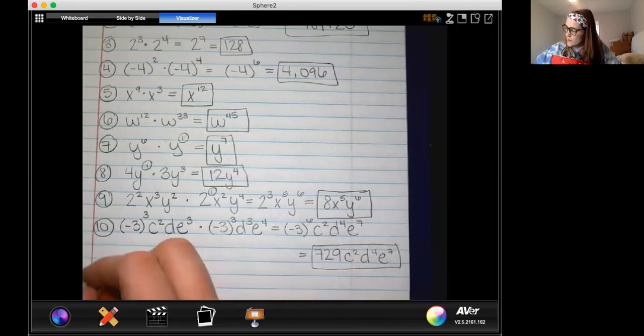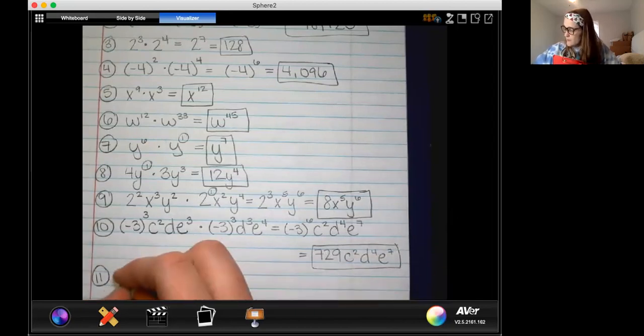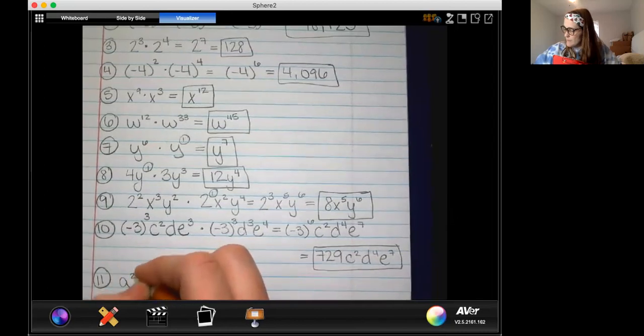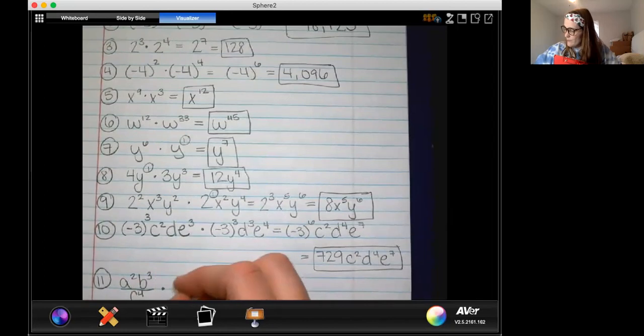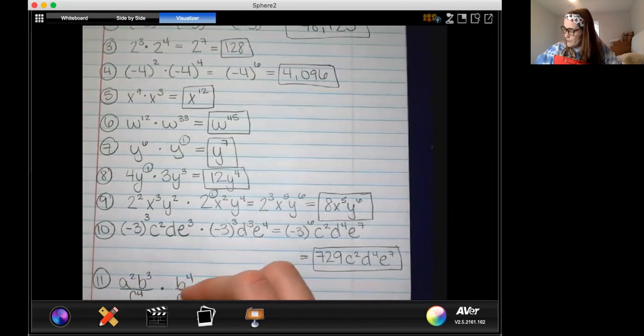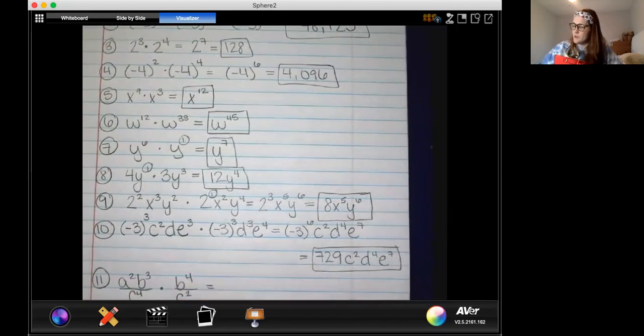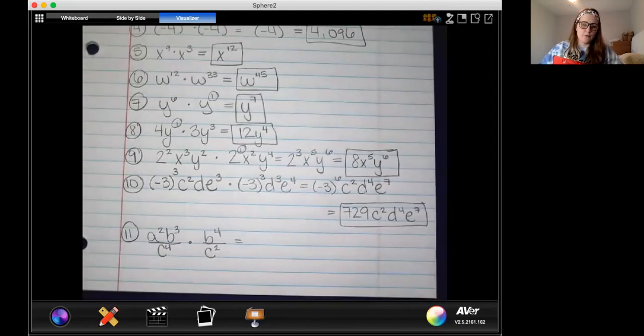Okay, one more for product rule. This one's just written slightly differently, but you're following the same rules. See what you come up with.